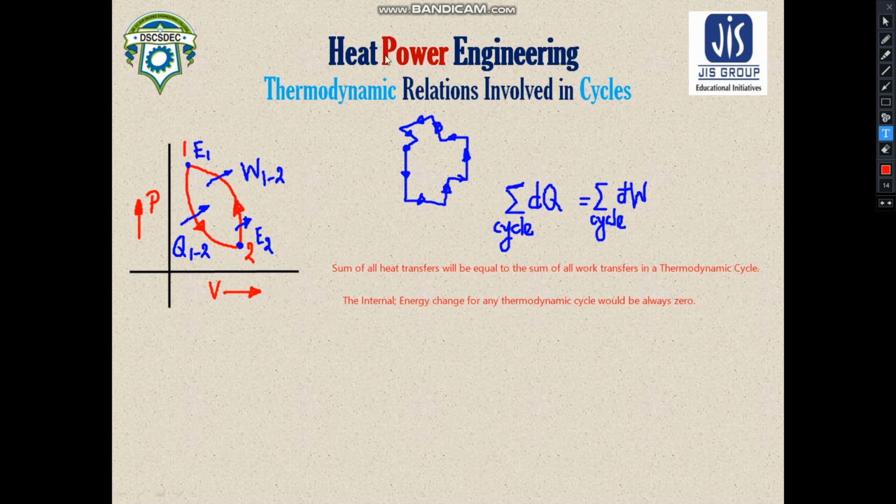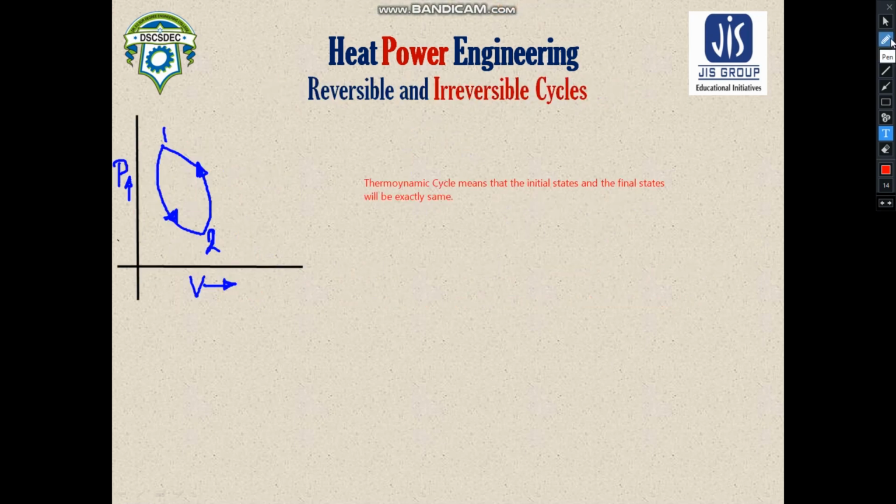Then coming to the next part, where we will discuss what we mean by a reversible cycle or reversible process. So let us move on to that. Just now we have discussed that for any thermodynamic cycle, the initial state and the final state of the system would be exactly the same.